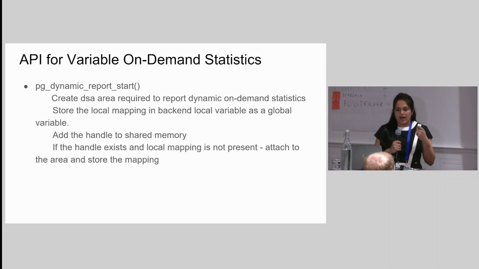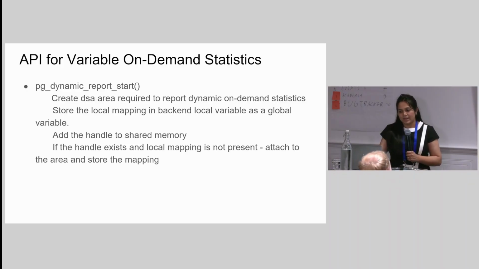It will create a local mapping. It will also put a handle somewhere in the shared memory, so that whenever any other future process wants to query on-demand variable statistics, it will take that handle, attach to it, map that area, and then go ahead with publishing and reading statistics.